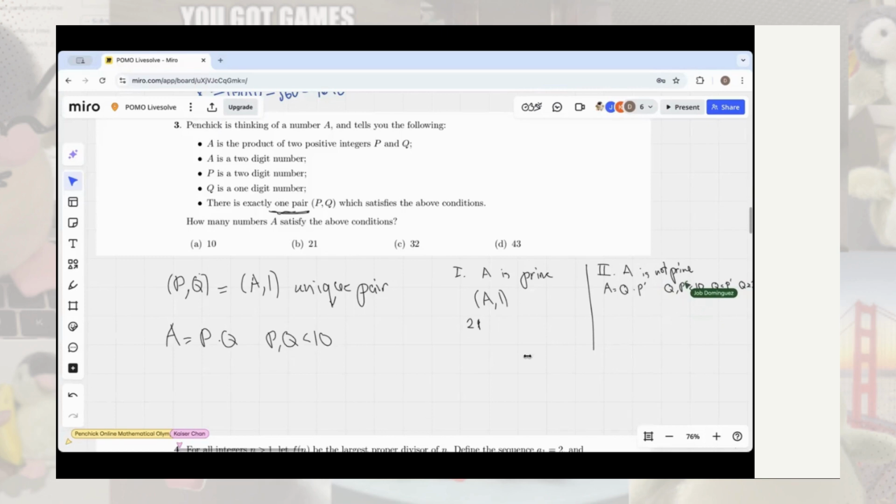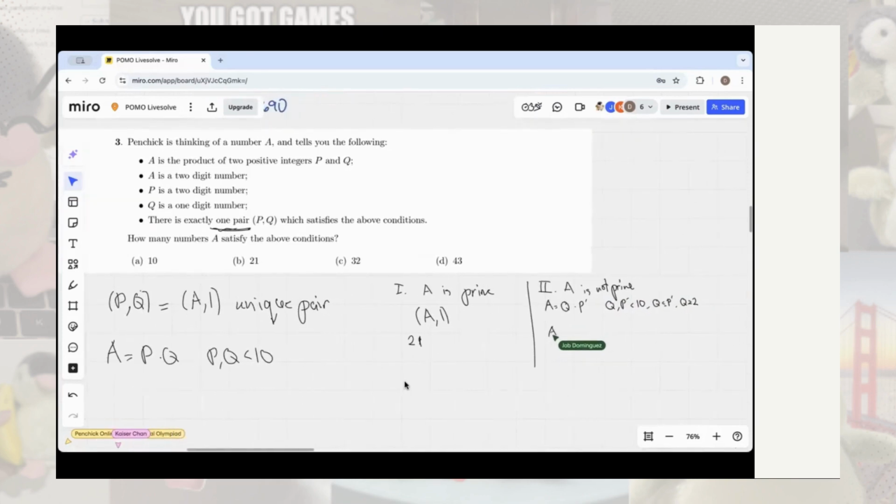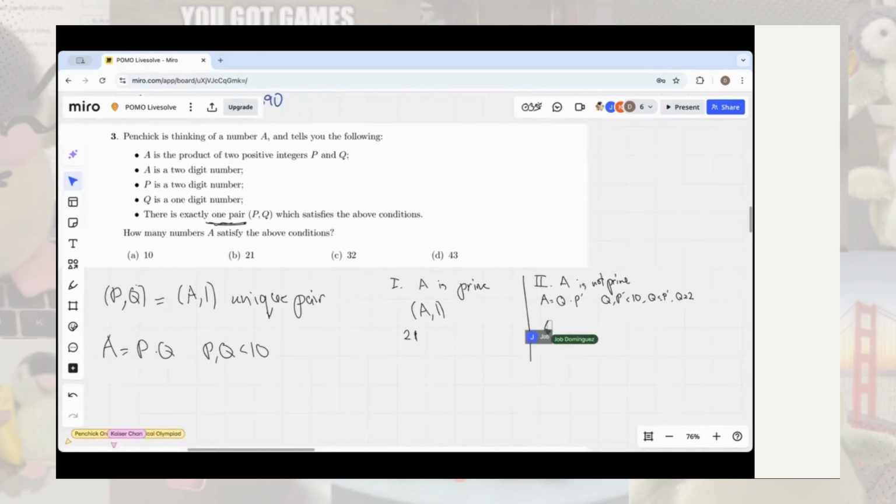We can define that Q must be a prime number. And why is that? For example, let's say Q is equal to 4, and A equals 4 times 5.